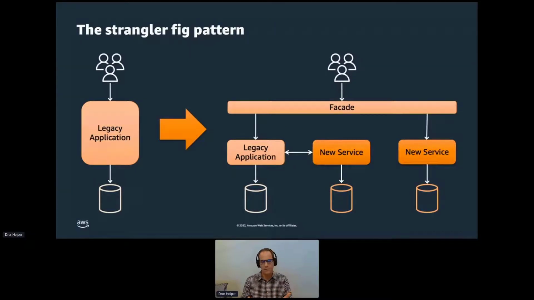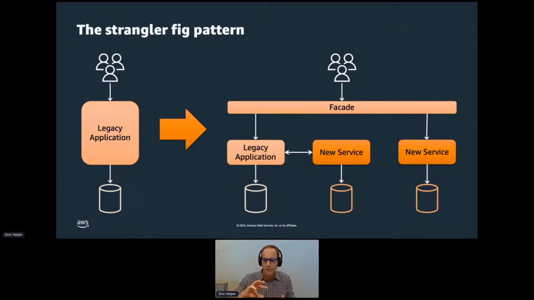And now what will happen is that whenever I have a new feature to develop or a bug to fix, I'll write it in a new microservice, or take the code that is related to that new feature and put it in a new microservice and make the legacy application call it internally without my customers noticing or knowing. They don't really need to care about that.